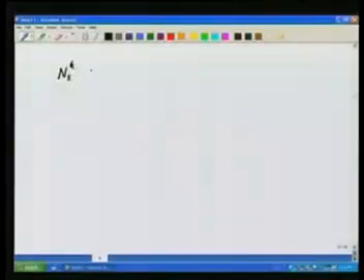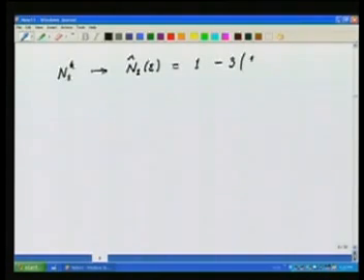N1 of k will map to n1 hat of psi. This is equal to 1 minus (1 plus psi by 2) whole squared plus 2 (1 plus psi by 2) whole cubed.